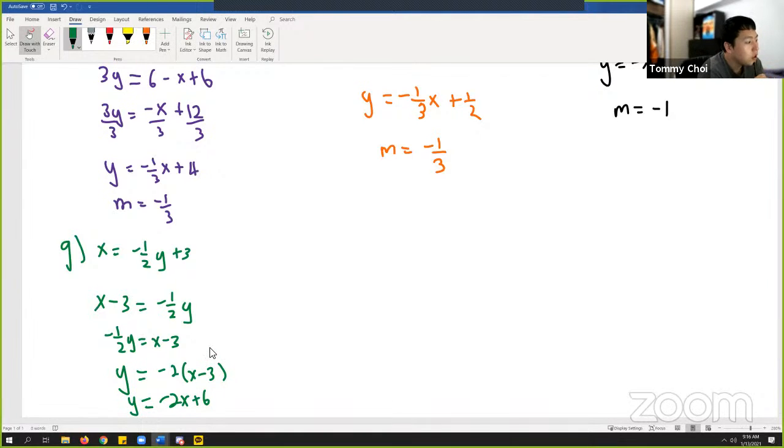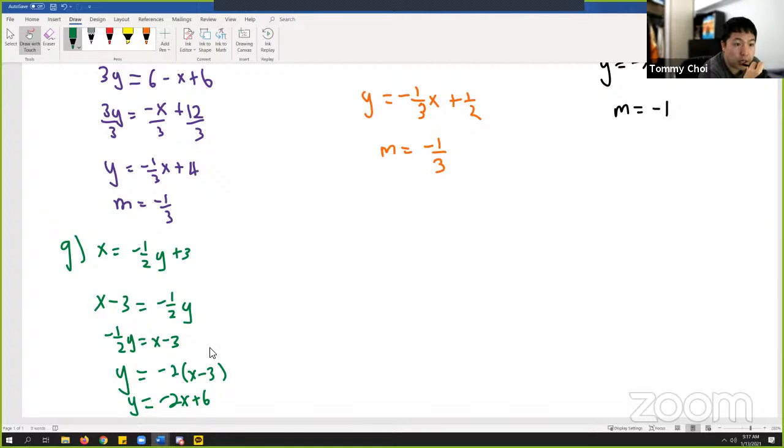Okay? So if you go on a calculator and you do 1 divided by 0.5, what do you get? Two, right? Why is it 2?